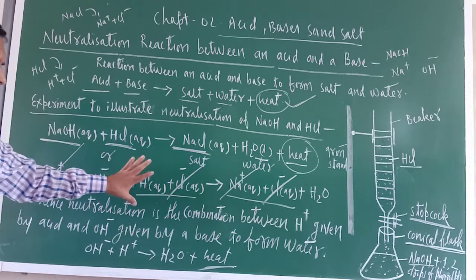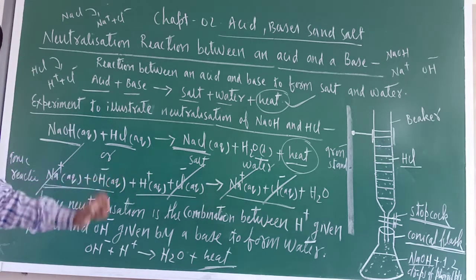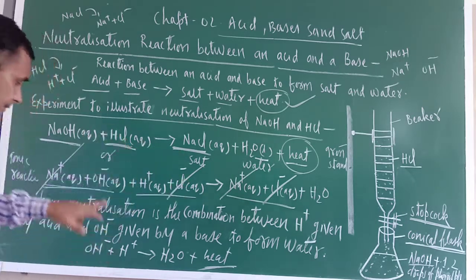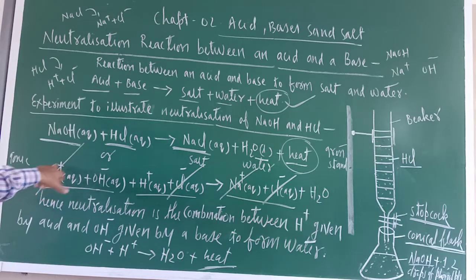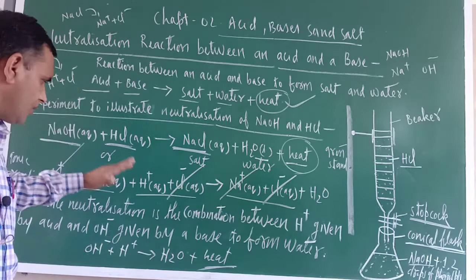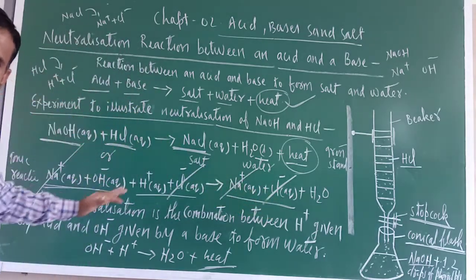Everything is cancelled out. Common ions are cancelled out. What are common ions? Ions which are present on the reactant and product side both. Na positive is present on the reactant side, Na positive is present on the product side. They should be cancelled out. OH, Cl and Cl should also be cancelled out. What is left?